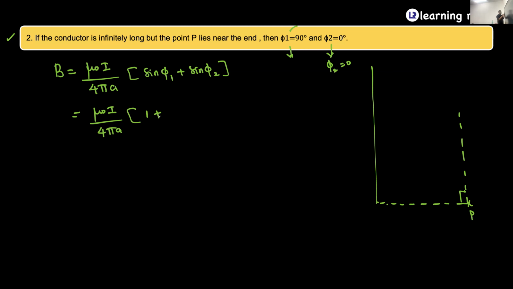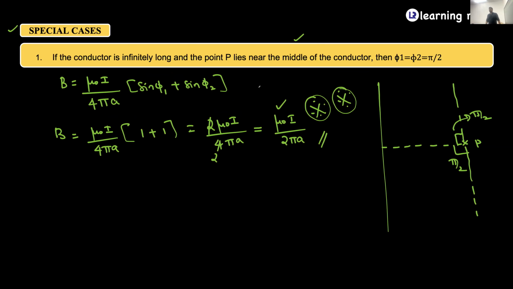What is sine of phi2? It's going to be 0. So the answer will be mu naught I divided by 4 pi A. So this is another important expression to be remembered. If you observe the difference between the previous one and this one, the value is half here. Sorry, the value is half there, the value is double here.